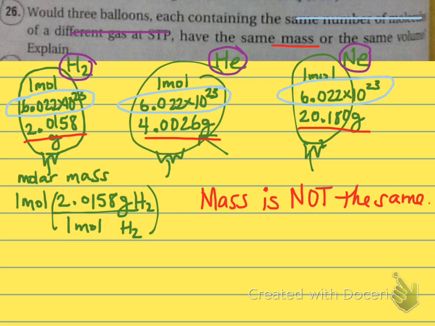The second part of that question has to do with the volume. Now, again, purposely, because we chose 1 mole, remember that means that this has a volume of 22.4 liters at STP. And it's 1 mole in all of them, which means the volumes of all of the balloons would be the same. So, do they have the same volume?